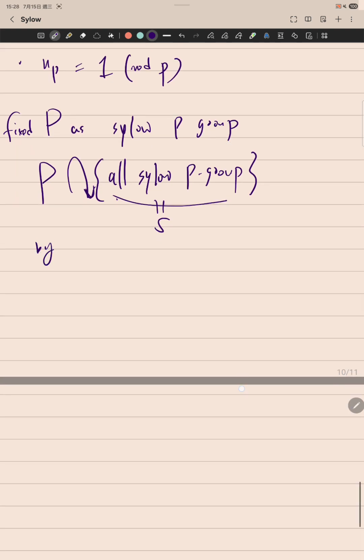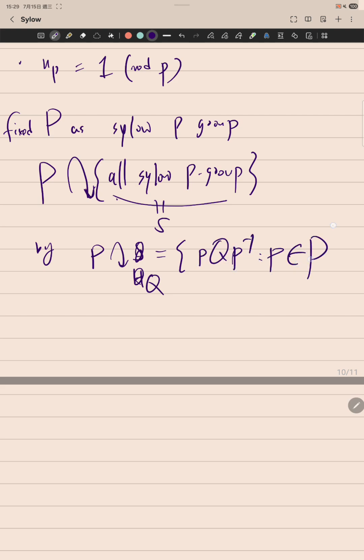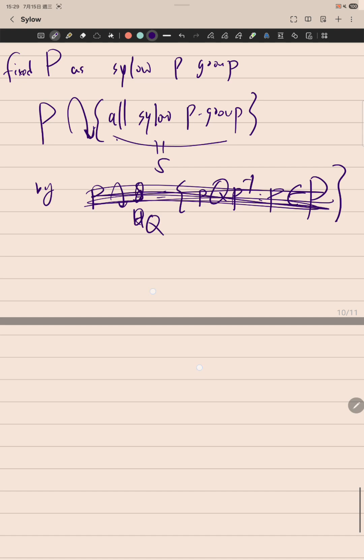P acting on S, I define it as follows: for each element small p in P, when I apply it on Q, I just map Q to pQp inverse. Sorry, I made a mistake earlier.